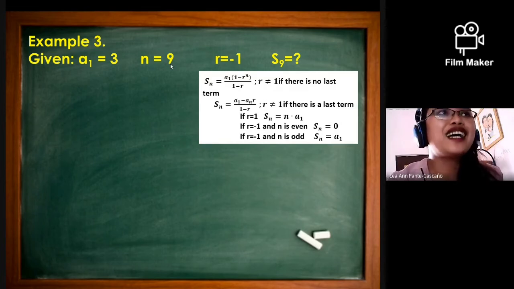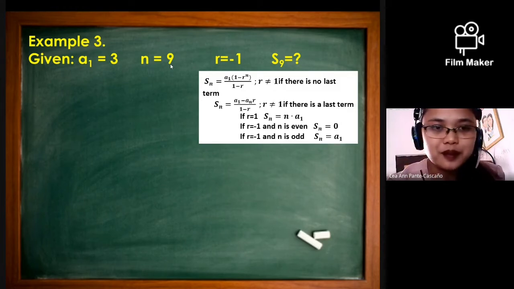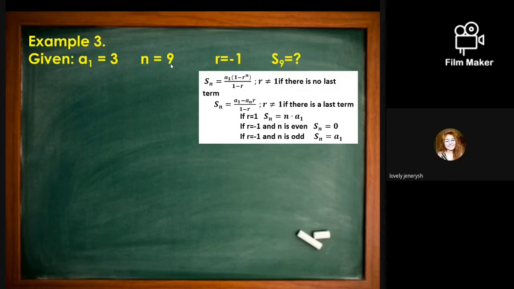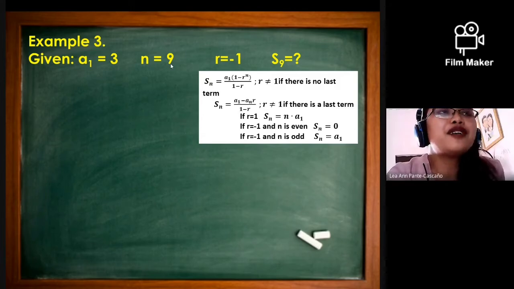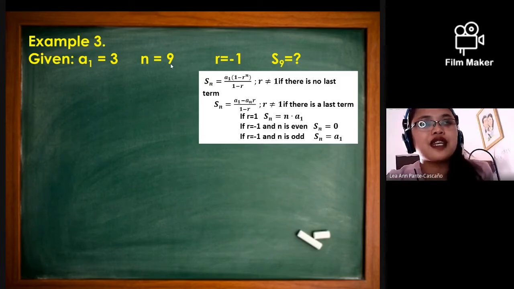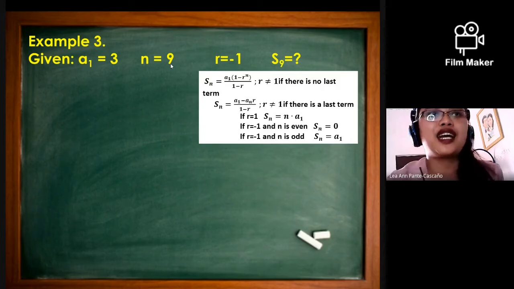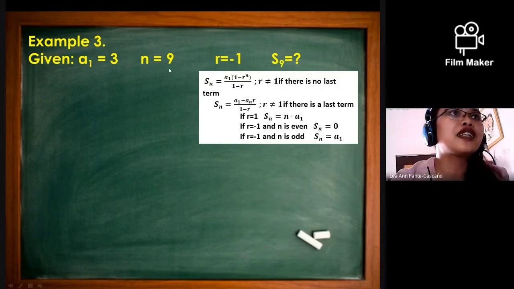Double check natin, ha? Class, ano ang odd numbers? Ay, even numbers pala. 2468. Ang even po dapat ay 2468. Ang ating odd po is 13579. Mga may butal.